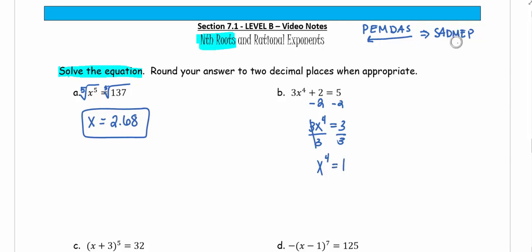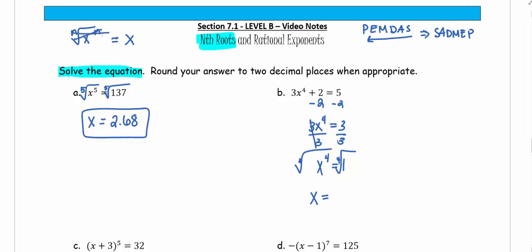And then, do I have any exponents? I sure do, x to the fourth. The only way to get rid of an x to the fourth is to take the fourth root on both sides. So then I get x, because the way this works is that the nth root of x to the n power equals x.